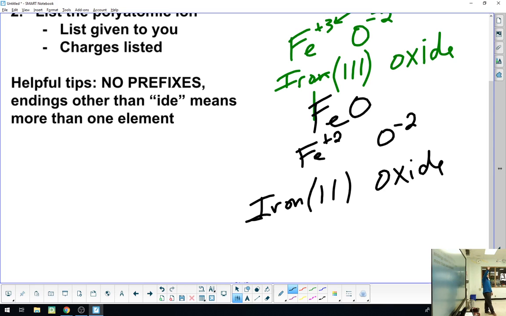Why does it take so long? That's reaction rates. Reaction rates are based upon their environment. Think about Kool-Aid: mix Kool-Aid with cold water and you've got to stir that bad boy for a long time. But if you use hot water instead, it dissolves super quick. So reaction rates are based upon what the environment looks like.